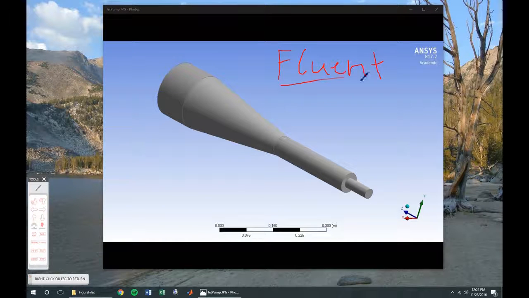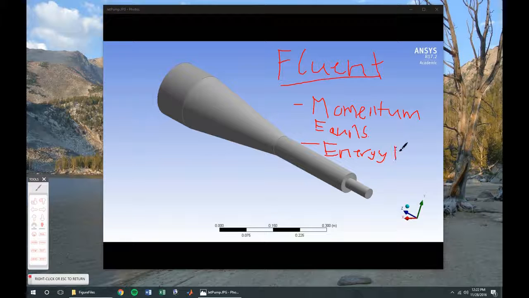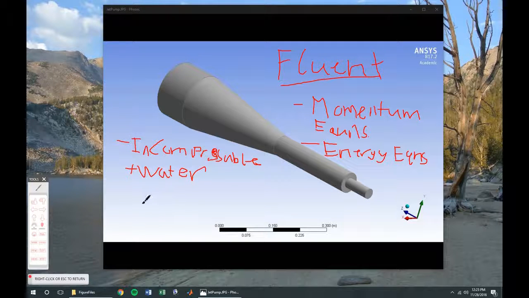Fluent uses the momentum equations and also the energy equations based on the Navier-Stokes equations. The fluid that I chose to model with this was an incompressible fluid, basically water, because that's the most common fluid that would be put through these pumps.